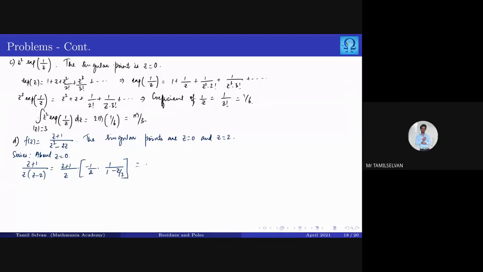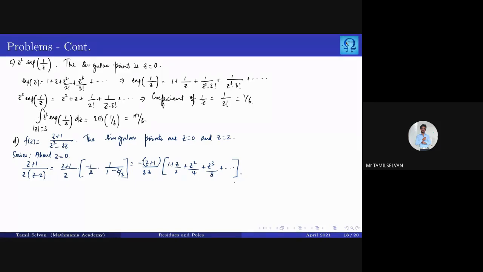Okay. Then we have the z plus 1 upon z and this minus 1 upon 2. And when you give the series expansion to this, you are going to get 1 plus z upon 2 plus z squared upon 4 plus z cube upon 8 plus etc. Am I right?